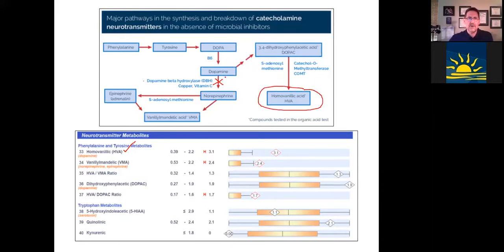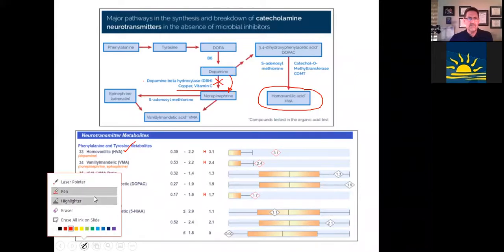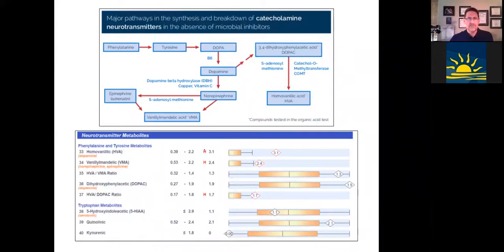I don't know of any Candida effects on dopamine beta hydroxylase. So we don't get an effect of Candida on that directly. There is a mycotoxin produced by Fusarium mold that can inhibit dopamine beta hydroxylase.